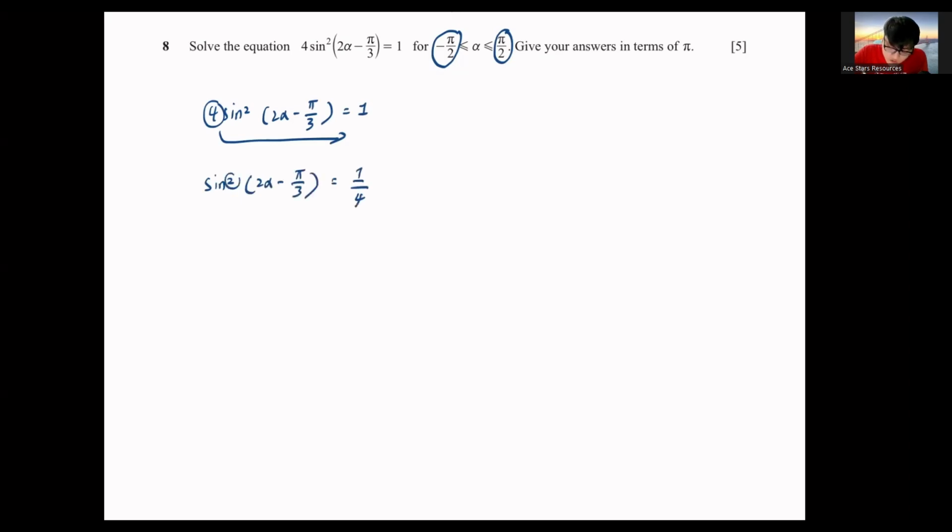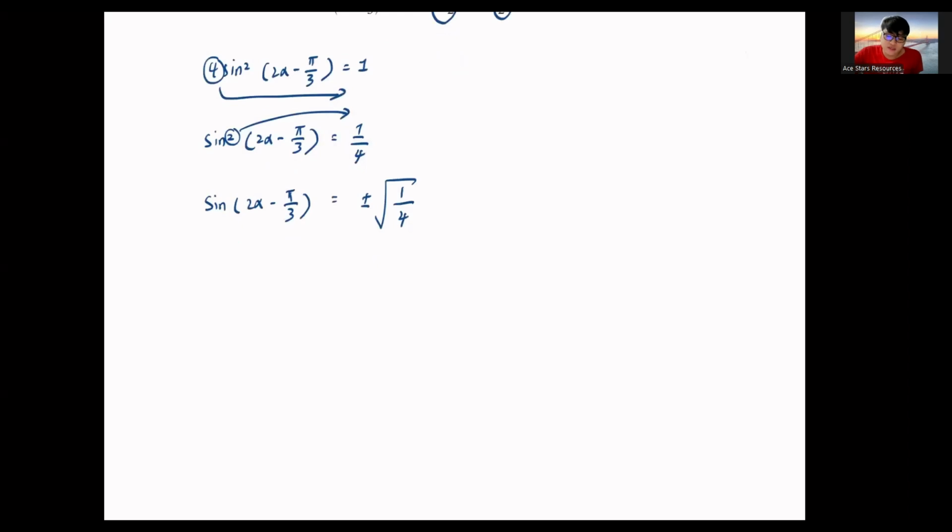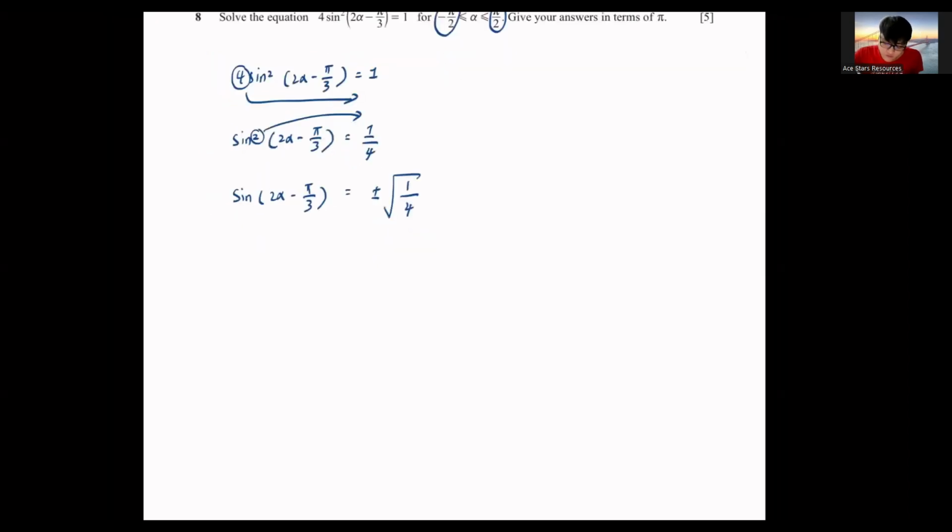So again, move the square over to the other side, it will become square root, or technically you just root both sides, you're going to end up with square root of 1 over 4 with a plus minus, and that means you have to do both.